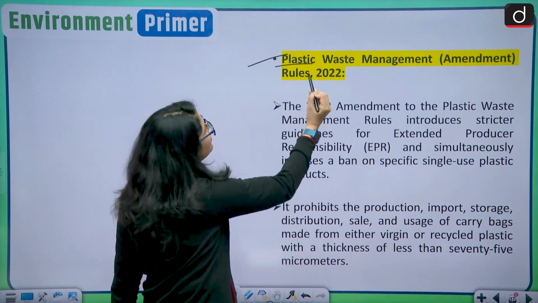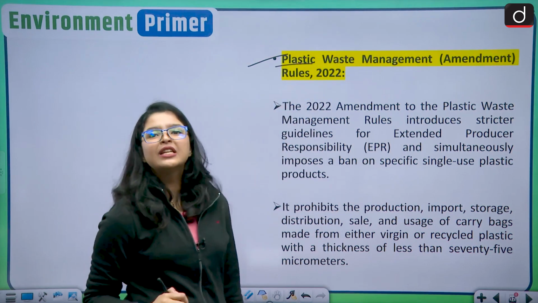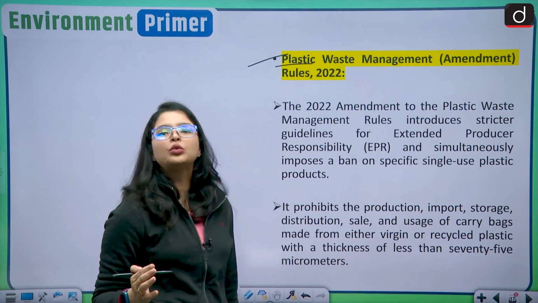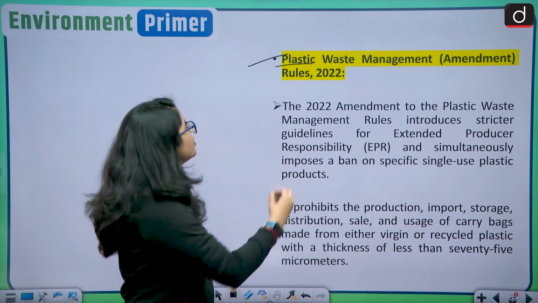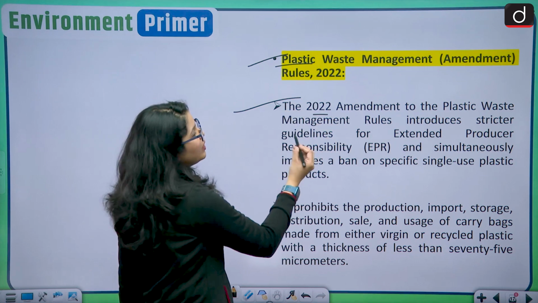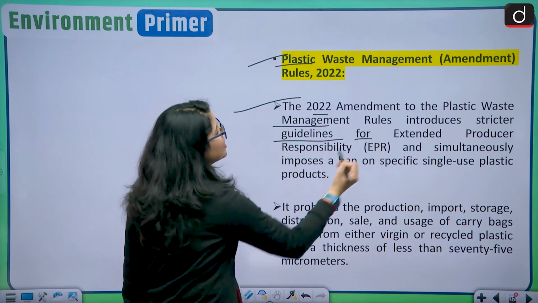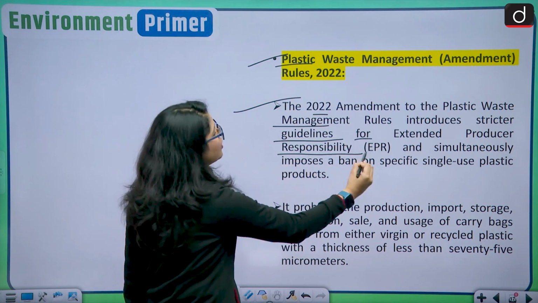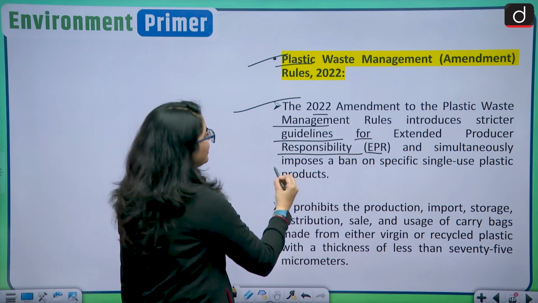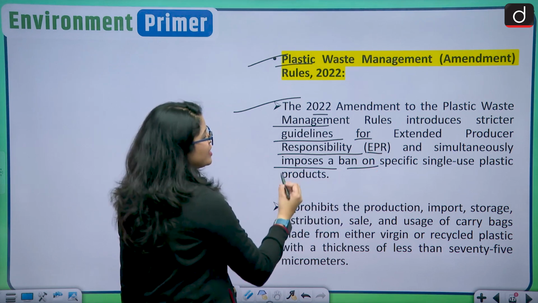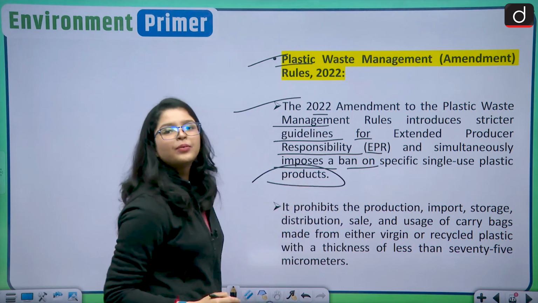Moving forward, as I was saying before also, the Plastic Waste Management Rules have been revised in the year 2022 by the government. So the 2022 amendment to the Plastic Waste Management Rules introduces stricter guidelines for extended producer responsibility and simultaneously imposes a ban on specific single-use plastic products.